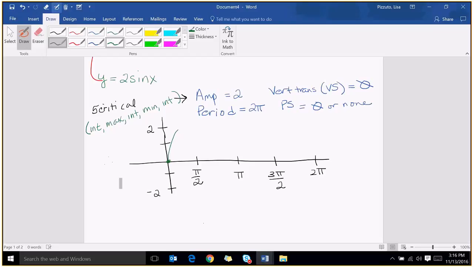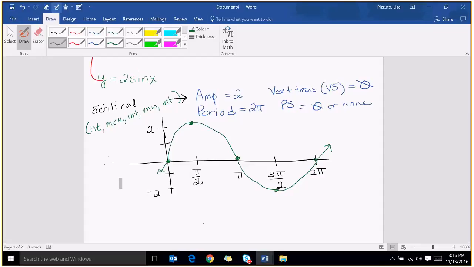We're going to go up to the maximum. Then we're going to go to the intercept, down to the minimum, and then back to the intercept. And so that allows us to draw the whole graph. Now, the only thing you want to be careful of is if they tell you to graph multiple periods, then you'd have to repeat it.